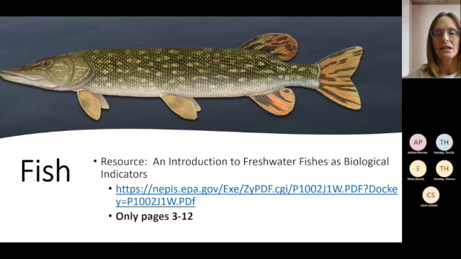And that is the resource that we've posted on our aquatics page. And I put this resource again on today's link. And that's a PDF. It's a whole book, but we've narrowed it down that you only need to study from pages 3 through 12. That's kind of where the most pertinent information is.